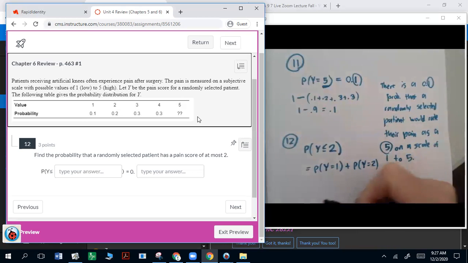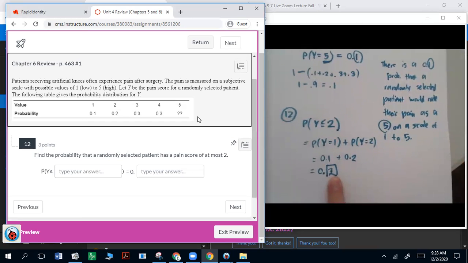So we already know those. That's just going to be 0.1 plus 0.2. So it'd be 0.3. So the probability of a randomly selected patient has a pain score of at most 2 would be 0.3. Put in the 0.3 for your answer.